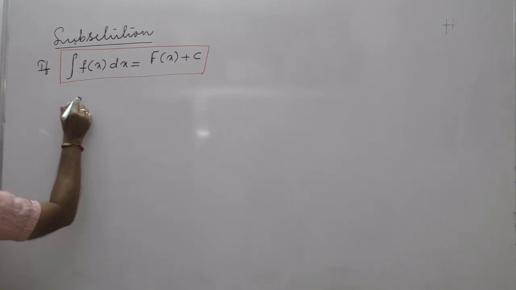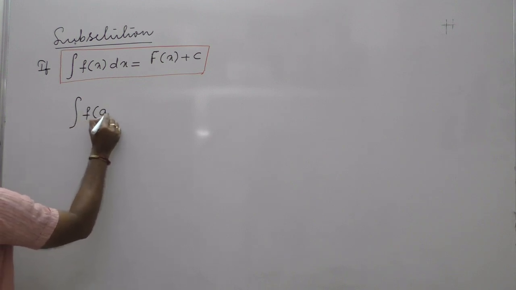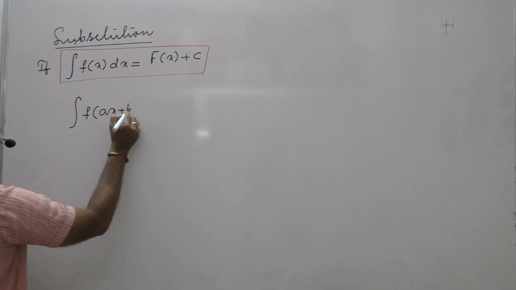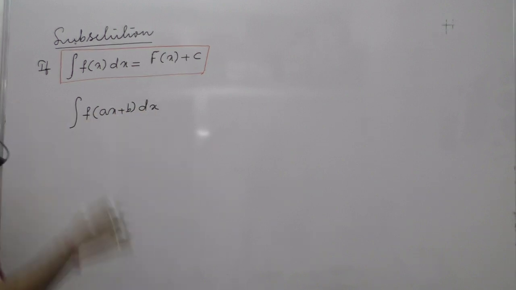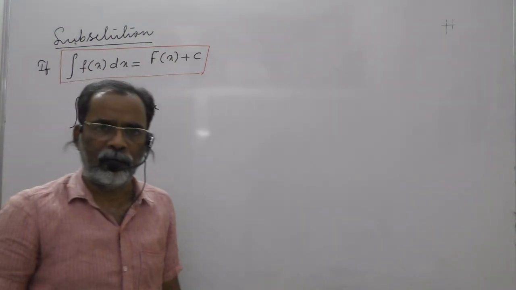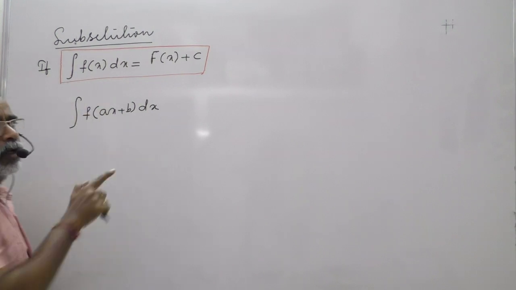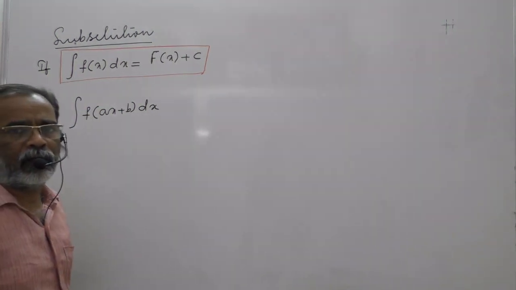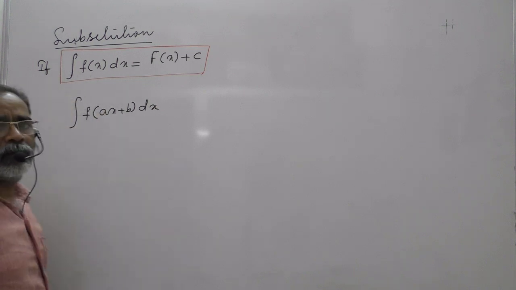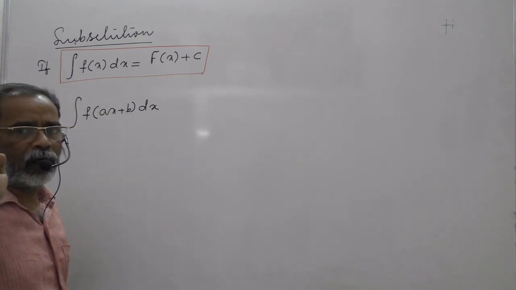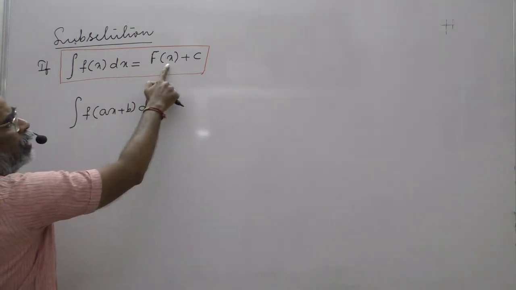Now if instead of x, you are given f of ax plus b into dx, how do we work this out? This is one of the 27 integral formulae: f of x is the integrand of a standard model whose integral is given.